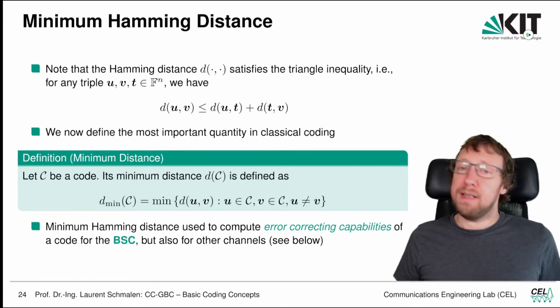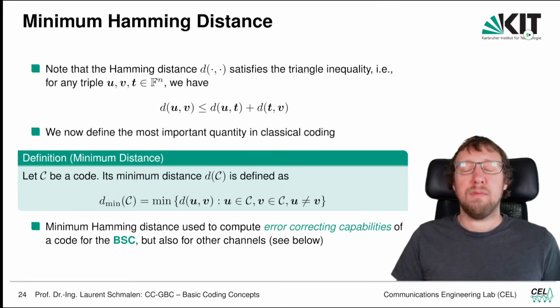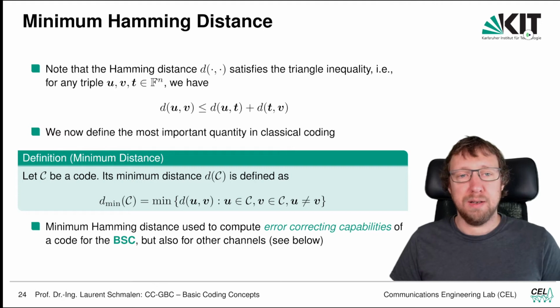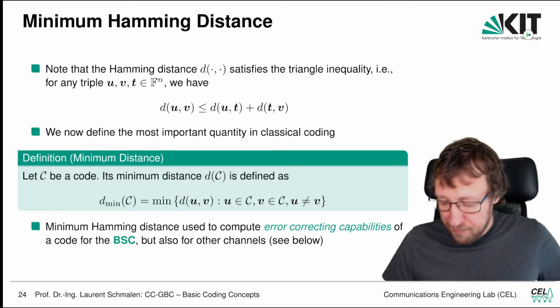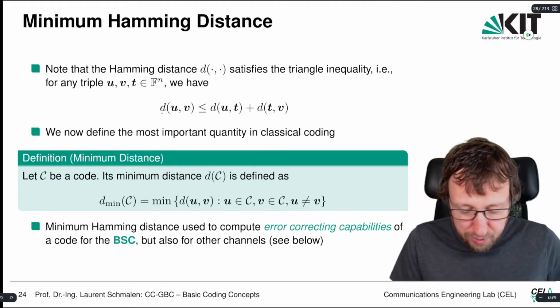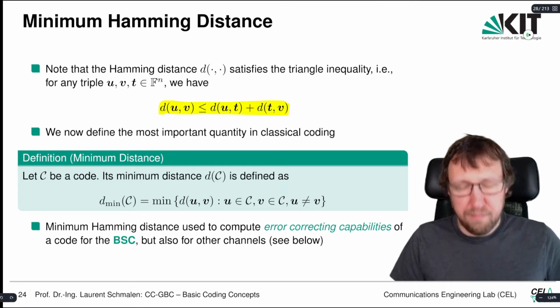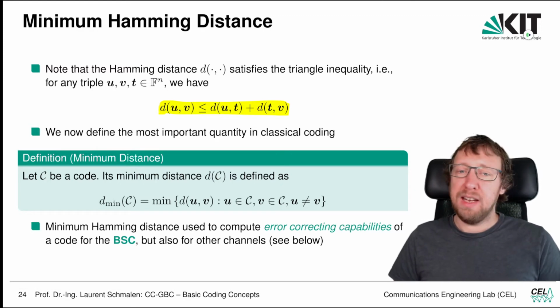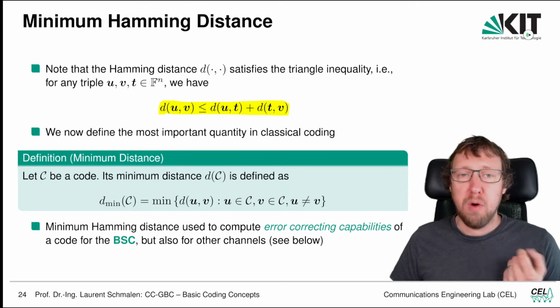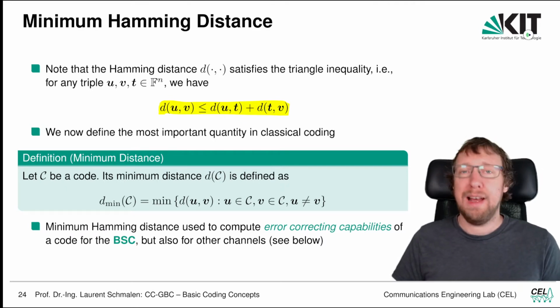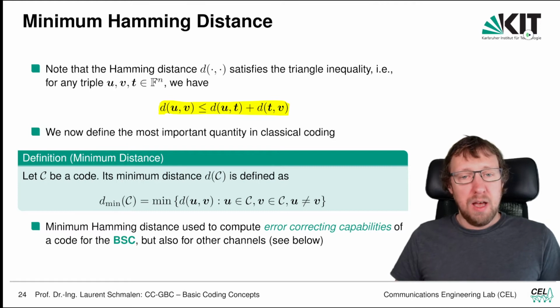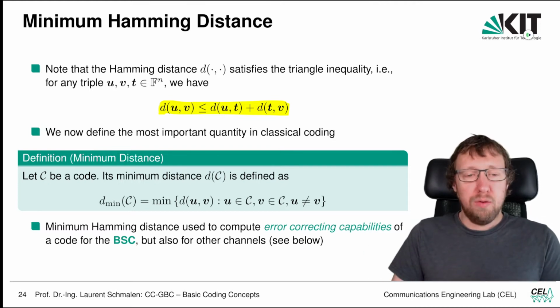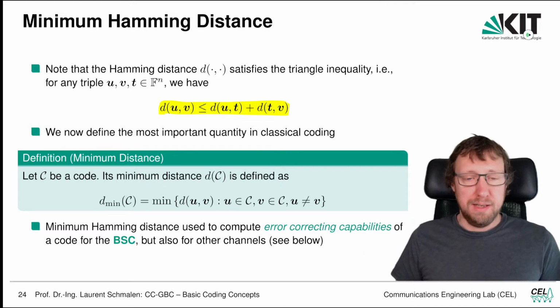So the Hamming distance is actually a proper distance. It fulfills all the properties of a distance. In particular, it fulfills the triangle inequality. We're going to see in the tutorial session how you can prove this. And it was used to define the most important quantity in classical coding, which you may know already, and which is the minimum distance.